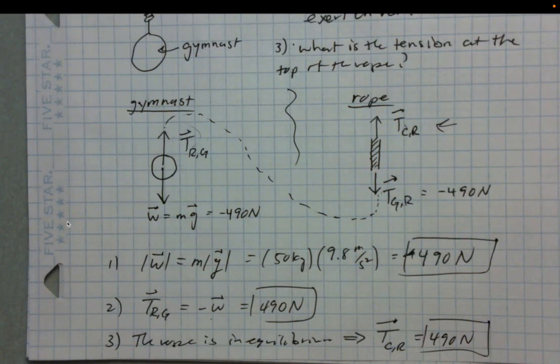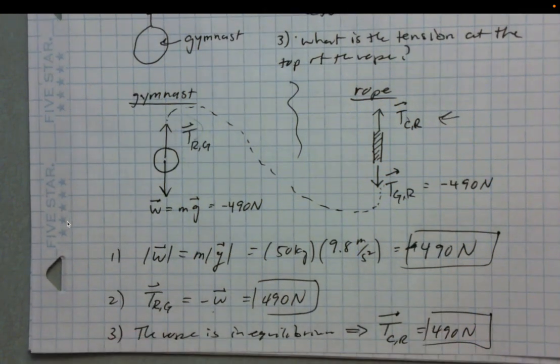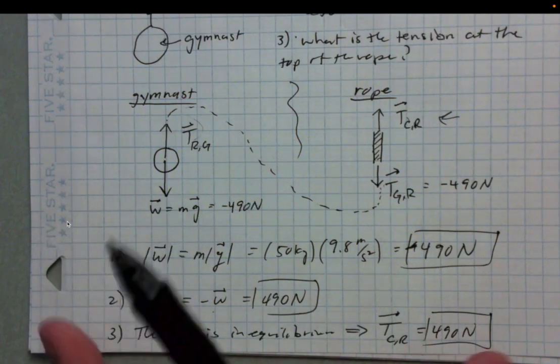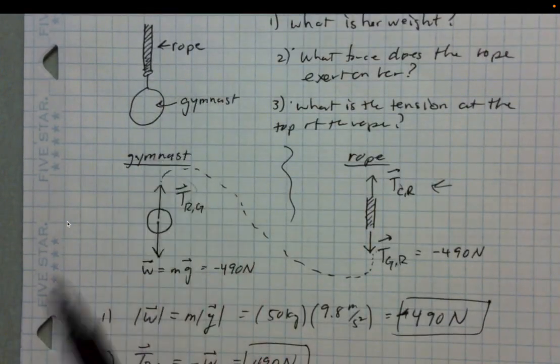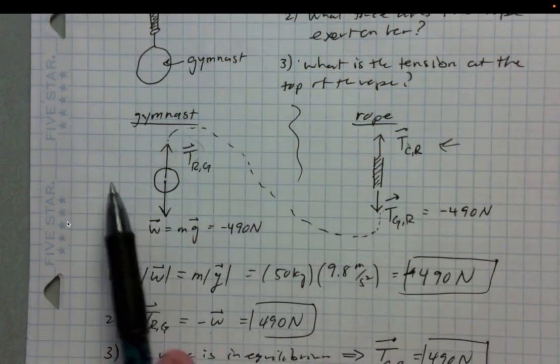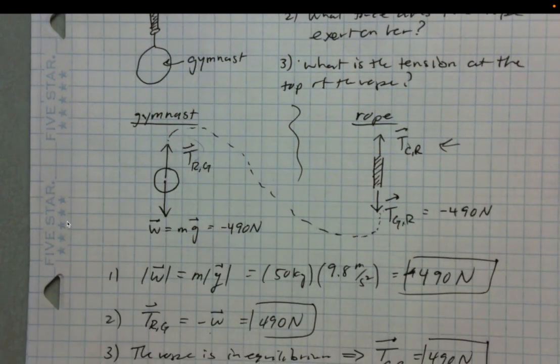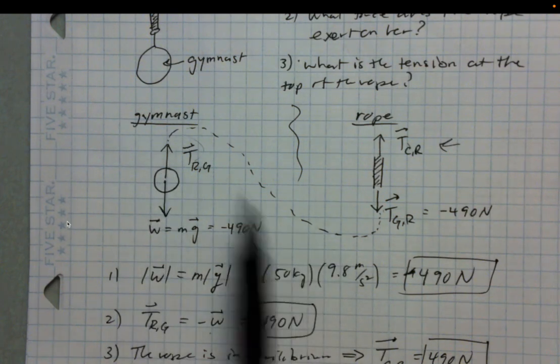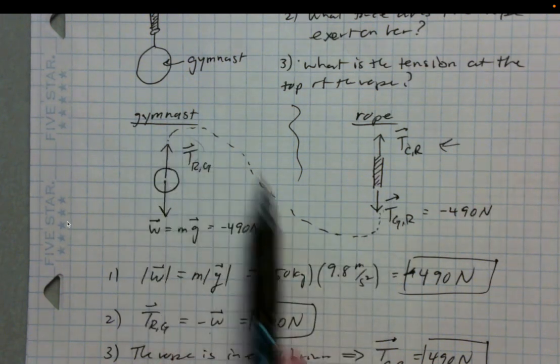So this is a simple example, but it shows the process, right? You start with just a picture of the situation, and then you break down the bodies involved, and you generate free body diagrams, just the forces acting on the individual bodies. And then where helpful, you can connect the forces causally like this.